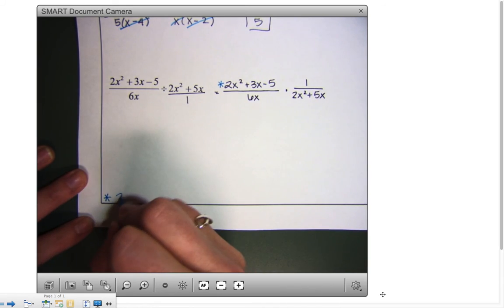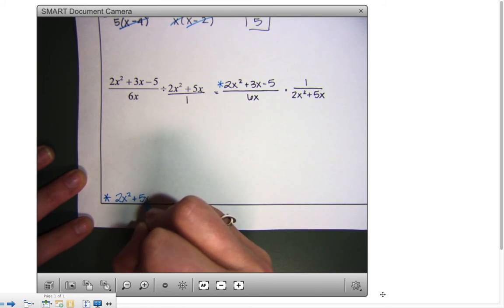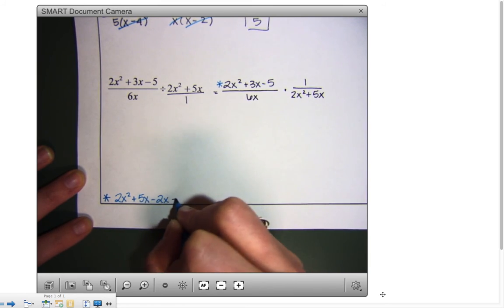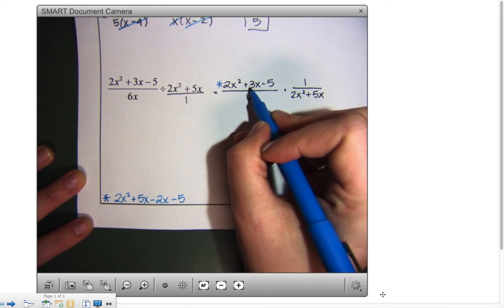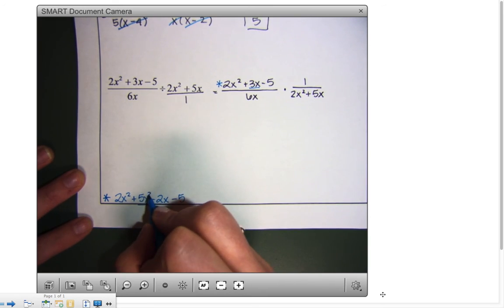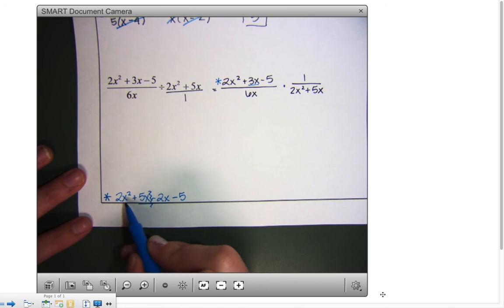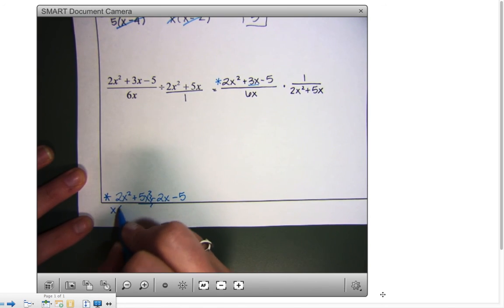So remember, we split the middle term into those 2 numbers. So I split 3x into 5x minus 2x because that's the same thing. Now we draw our line down the middle and we pull out the greatest common factors. 2x squared plus 5x has an x in common.